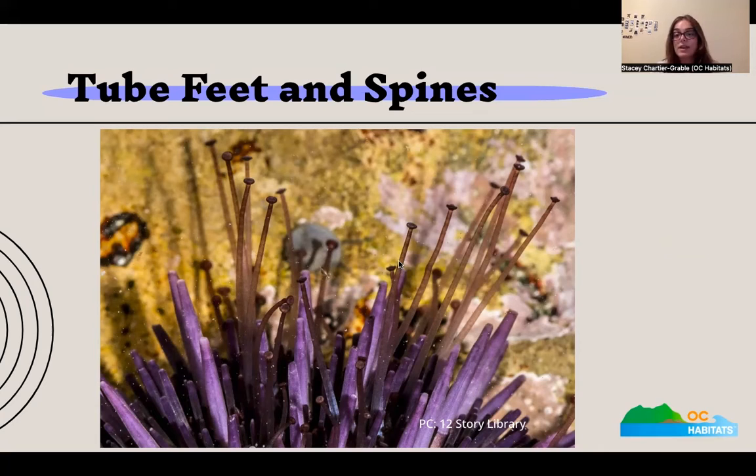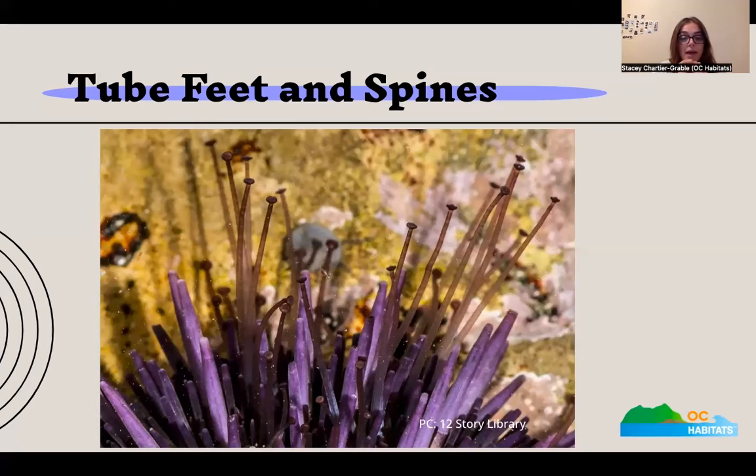Their tube feet are used for a variety of things. The first being movement, so they use them to move themselves along surfaces. They are not sedentary creatures like I originally thought when I saw an urchin in the wild for the first time. They do move. They also use them for gas exchange, so they breathe through them.